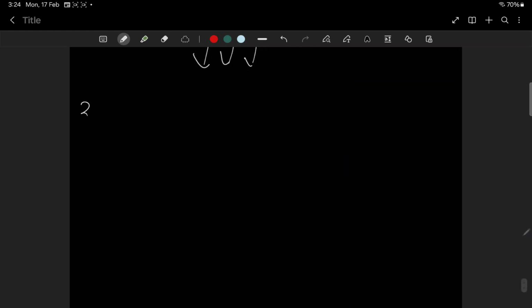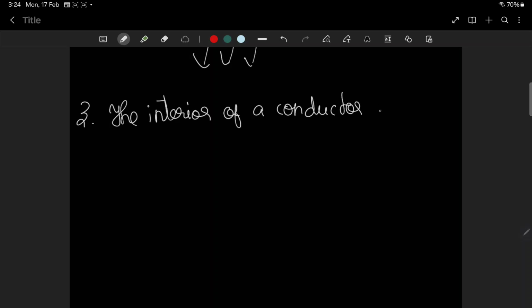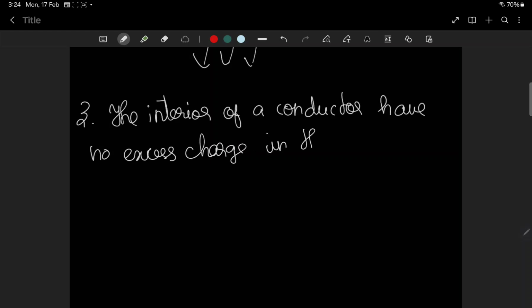The next one is telling us that the interior of a conductor has no excess charge in the static situation.